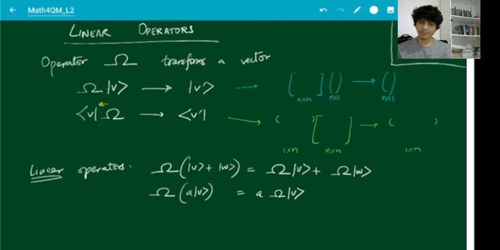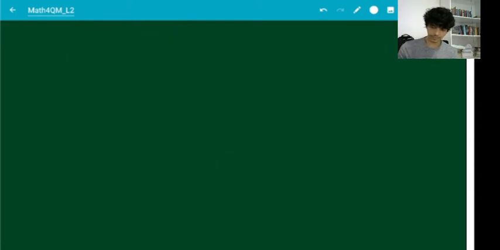Okay. Geometrically, what is it? What exactly is this operator doing? So once again, we'll take our simple example of R2 because it's easy to visualize. Geometric interpretation.